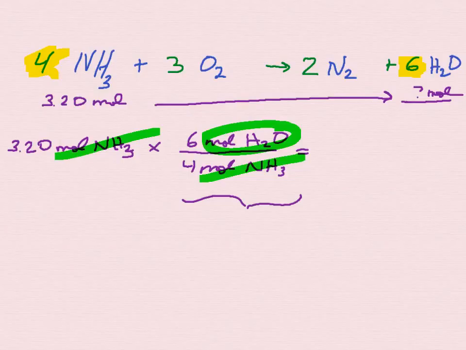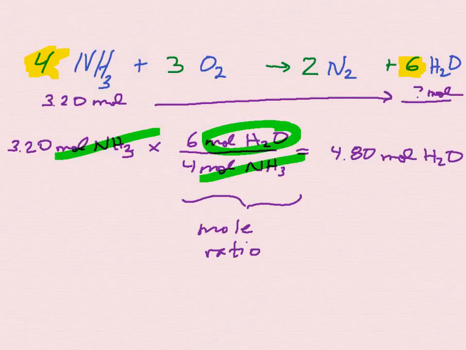We're going to use those for stoichiometry, so they're called stoichiometric coefficients. You should never reduce those. This is the mole ratio, and that comes from the balanced equation. So mathematically, your calculator is going to say 4.8, but you need 3 digits. So 4.80 moles of water is the math answer.